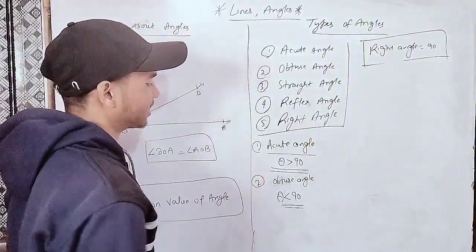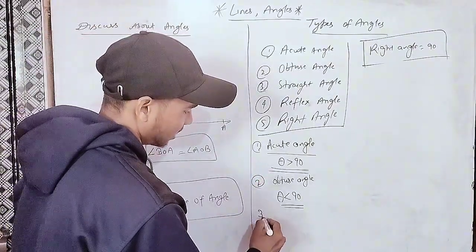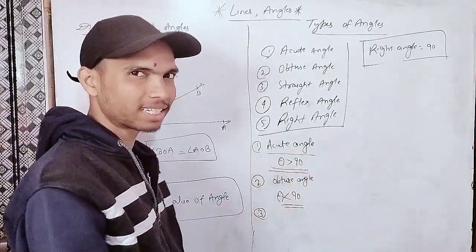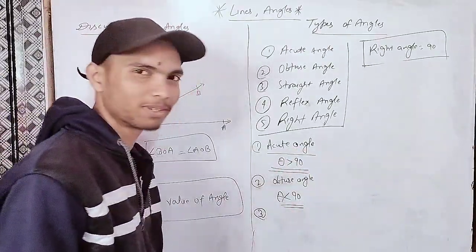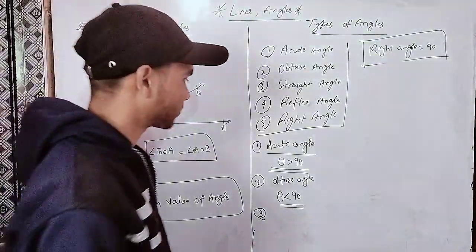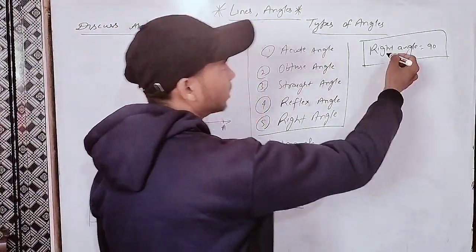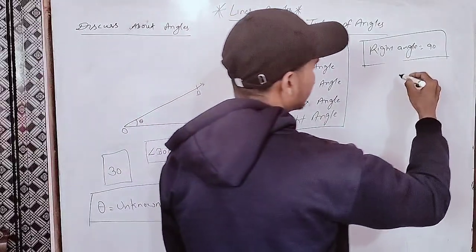Now straight angle. With the diagram, let's try to understand acute and obtuse, which we have left. The figure of a right angle is like this.